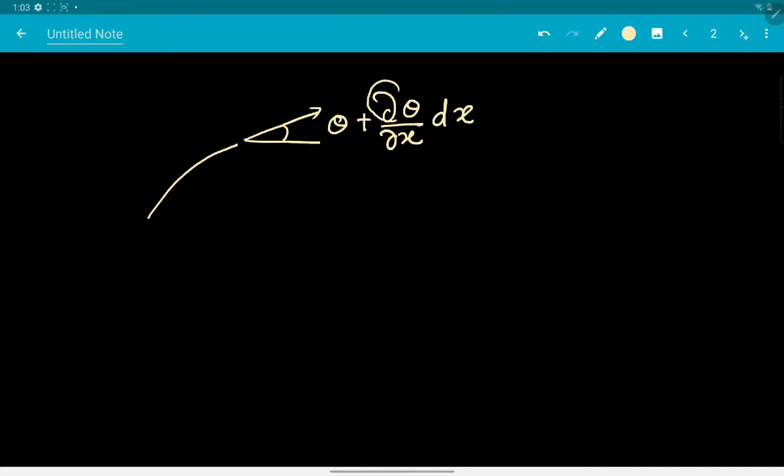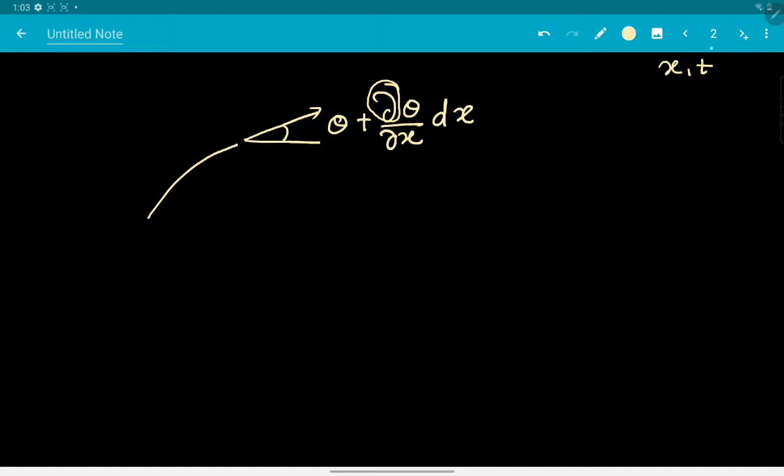Let me draw it once again over here neatly. This angle we refer to as theta plus del theta by del x dx. Why am I considering a partial derivative? Because this angle theta is going to change along the x direction as well as along the t direction.